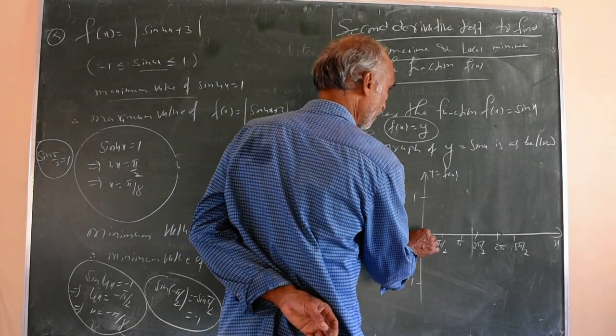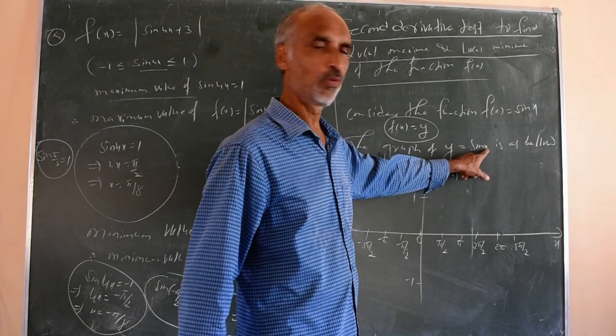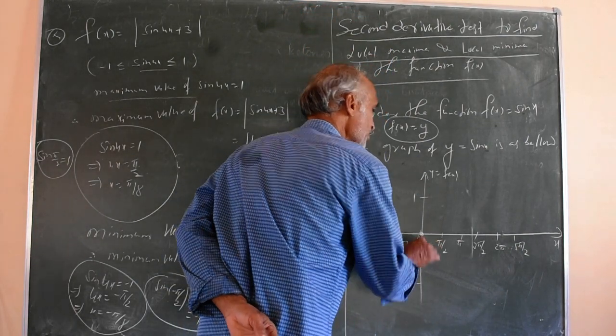Sin 0 is 0, no? Suppose x is 0, then y is sin 0, which is 0. So the point is 0, 0.